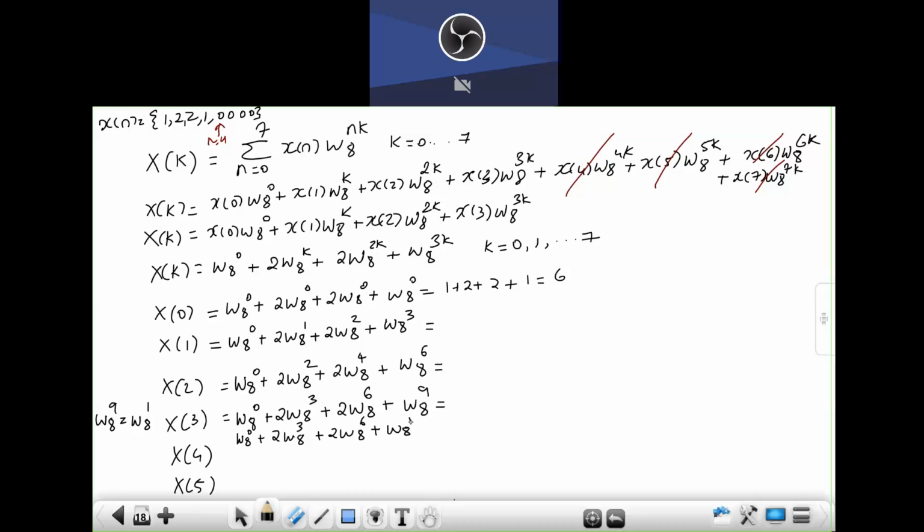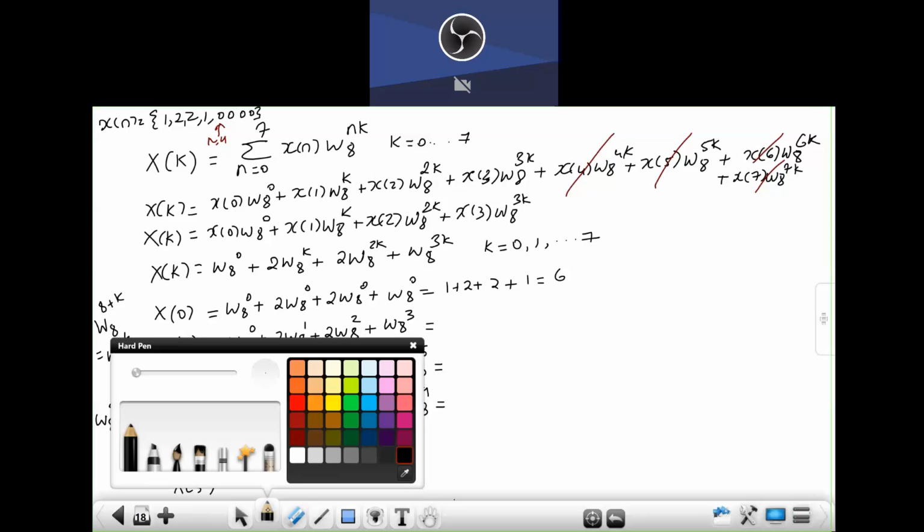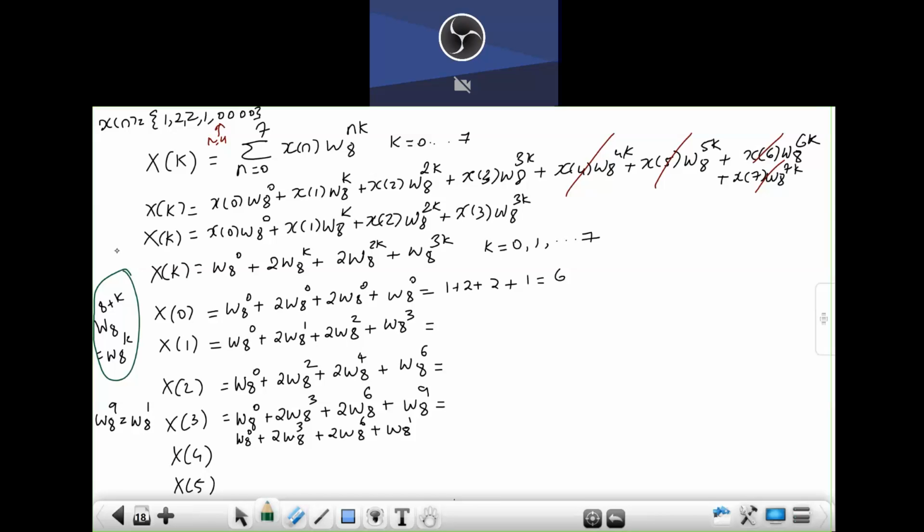So remember to substitute whenever a twiddle factor is there. Remember to use this: W8 power 8 plus k is same as W8 power k. Very, very important. Please use this whenever you're doing the simplification. All right?